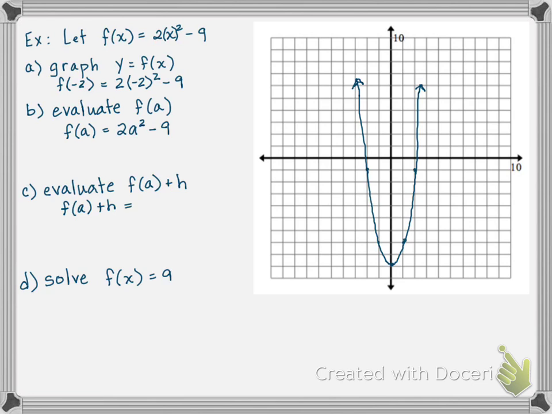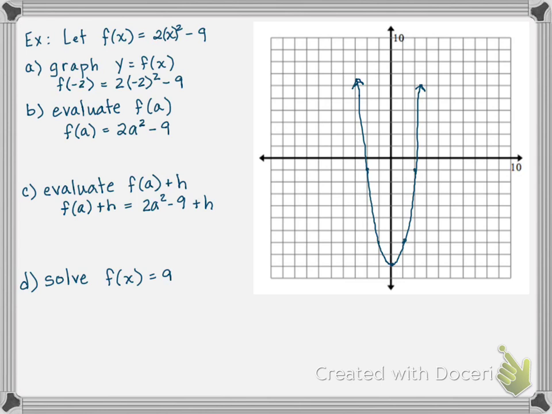Because we found that in part B. F of A is just 2a squared minus 9. That's the output if I input A, and then I'm just adding H to that. So if it's not in the parentheses, we're just tagging it on to the end. We're applying it to the output.